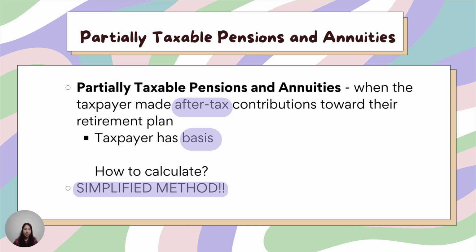Partially taxable pensions and annuities are when the taxpayer made after-tax contributions towards their retirement plan. So this is kind of what we talked about, where the taxpayer got their net income, their take-home pay, and then they made contributions toward a retirement plan, meaning they already paid tax on the money that they put towards their retirement plan.